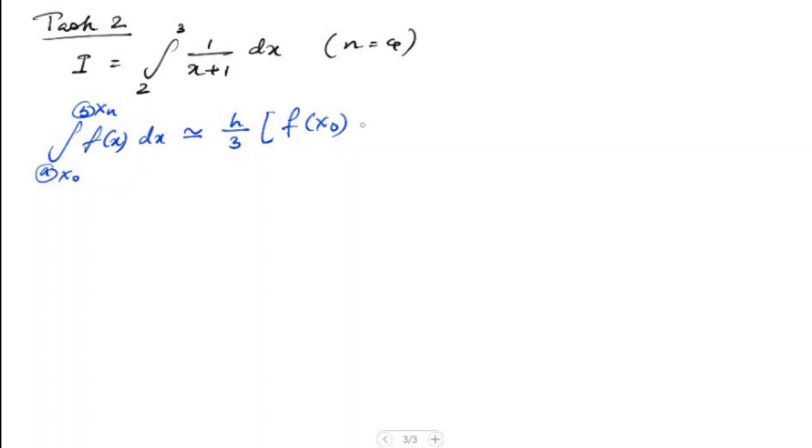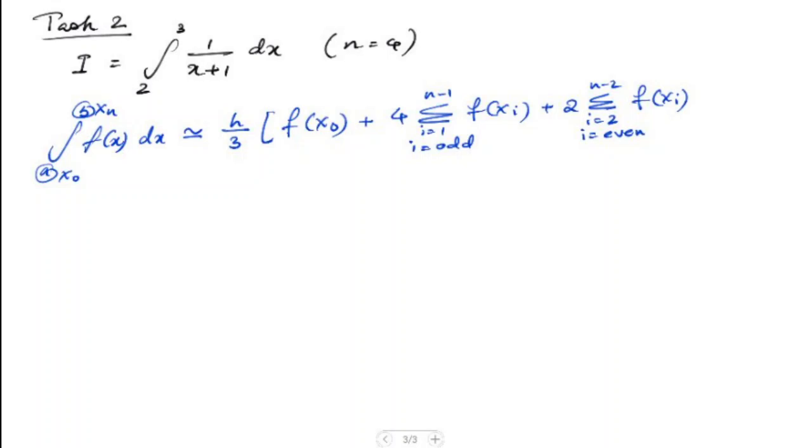So here we have f of x0 plus 4 times the summation from i equal to 1 till n minus 1 of f of xi, and here the i is odd always, plus 2 times the summation from i equal to 2 until n minus 2, and here the i is even always, of f of xi, and then at the end plus the last one, f of xn. So that's the formula for the multiple segment Simpson's 1/3 rule.